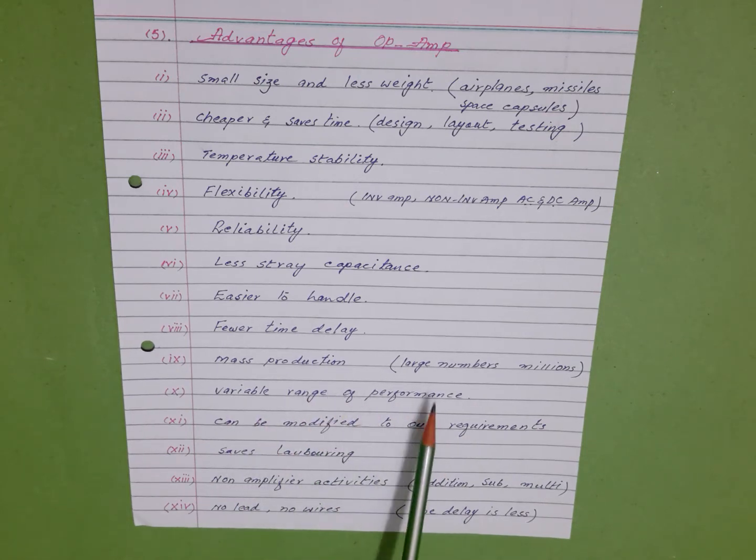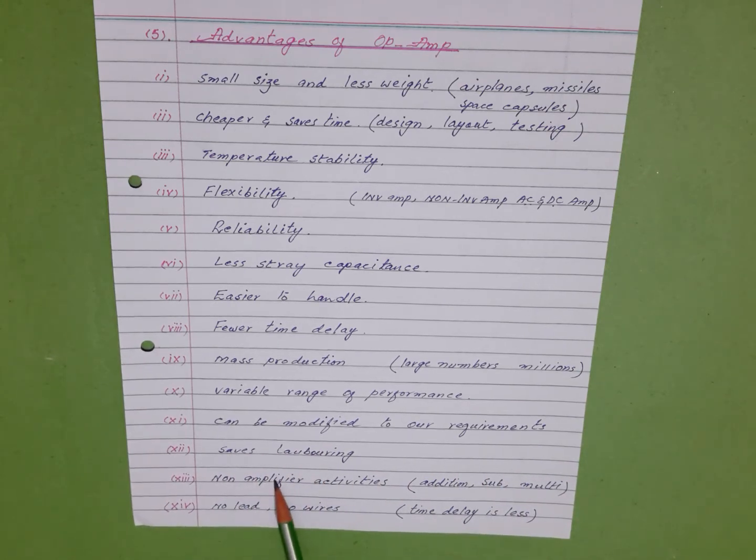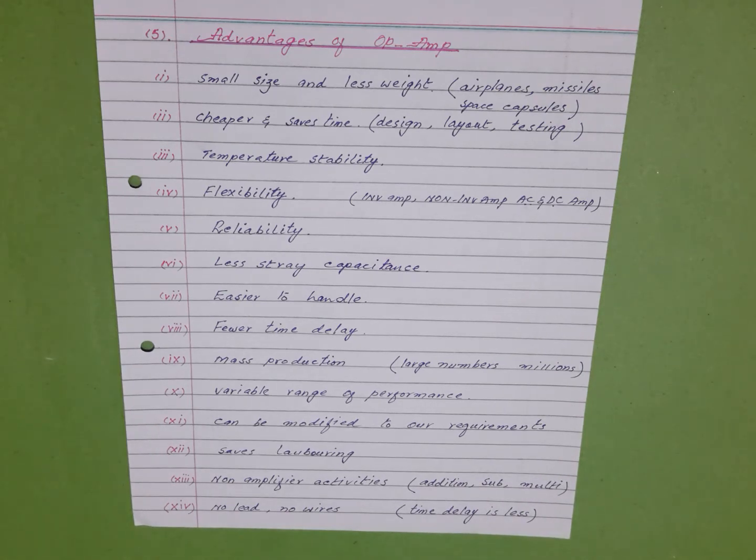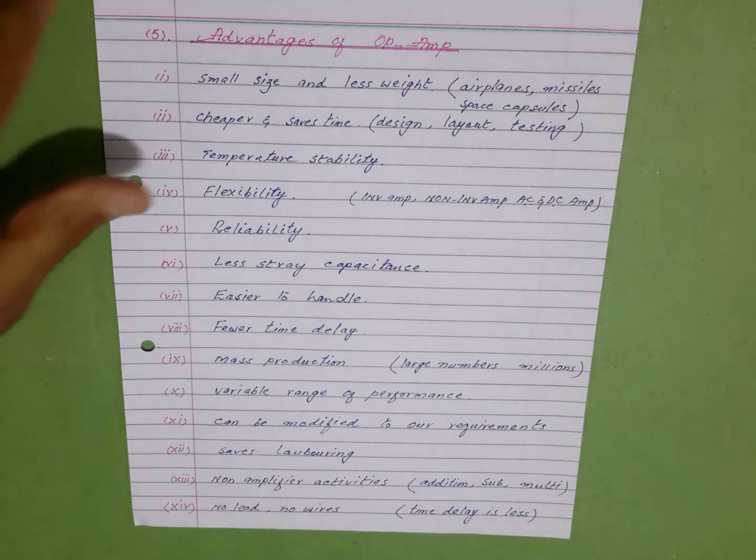Variable range of performance: it can be modified to our requirements. It saves labor. Non-amplifier activities: addition, subtraction, multiplication. These are the arithmetical operations and these are called non-amplifier activities. No leads, no wires, as such time delay is less.